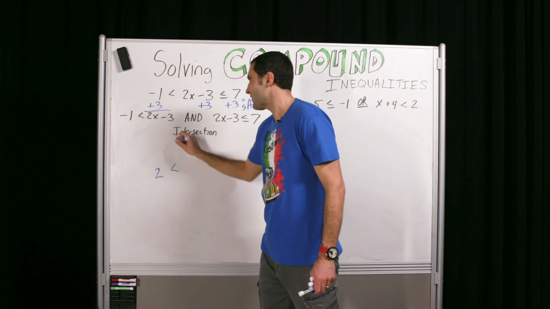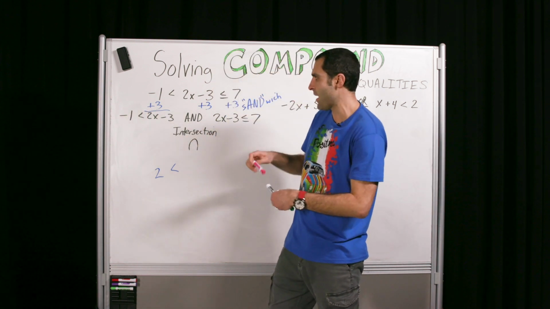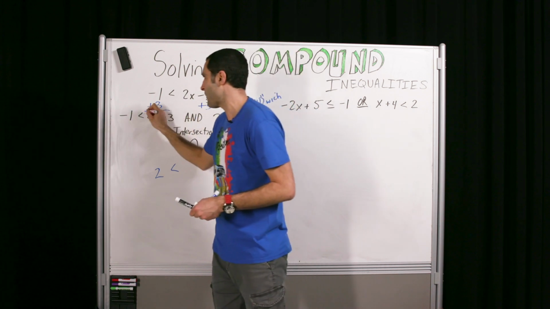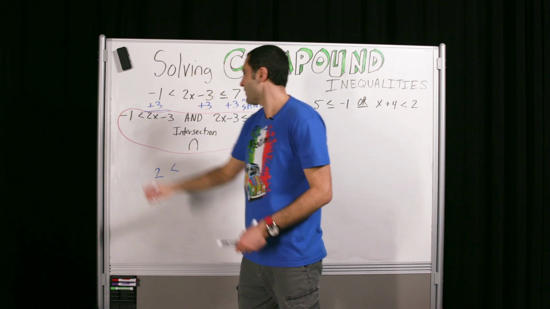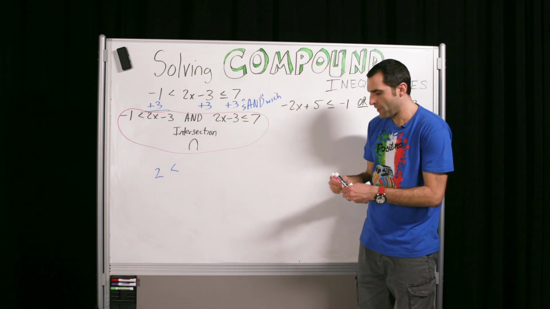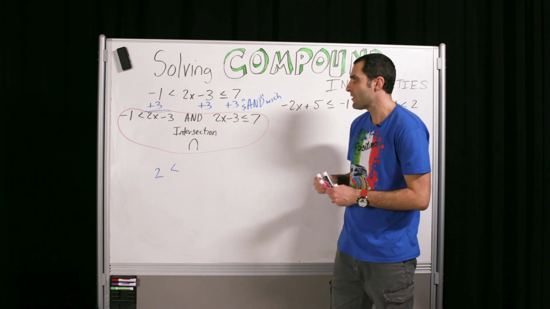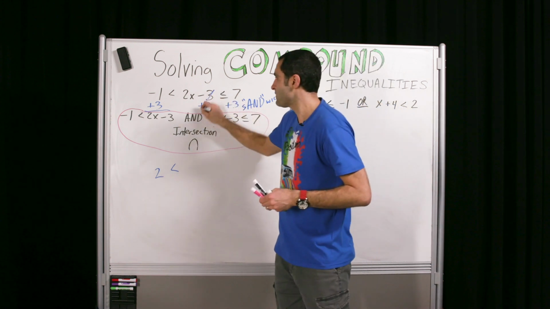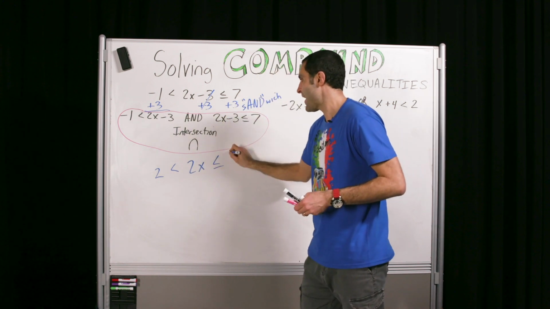Less than comes down. So we get 2 less than 2x less than or equal to 10.